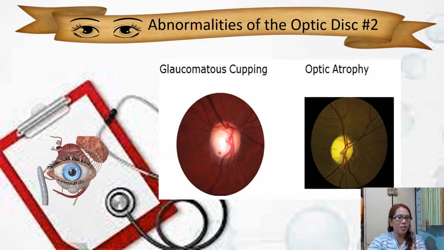The base of the enlarged cup is usually pale. The retinal vessels sink in and under, so they may be displaced. Ayan, napapansin nyo distally. We have here an image of an optic atrophy.